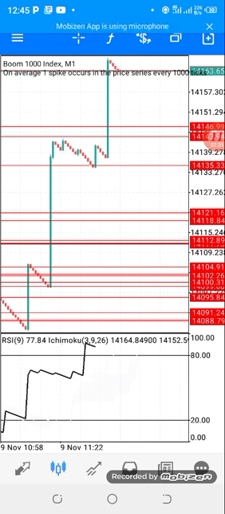So we are going to make use of our last support and resistance, the one I explained in my last video. If you have not watched it, please go and watch the last video I posted regarding how you can trade the support and resistance. I said in my last video that for you to draw your support and resistance line, if you want to trade today, which is 9th of November, you need to go back to 8th of November to draw all your support and resistance lines.